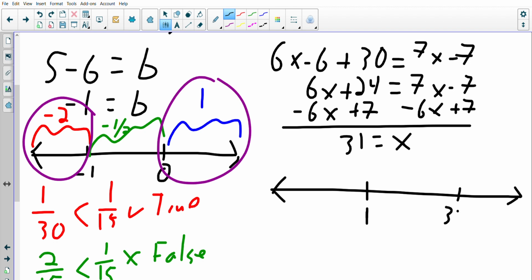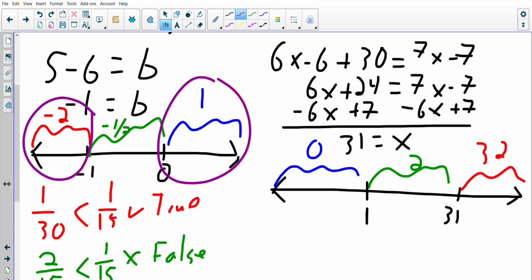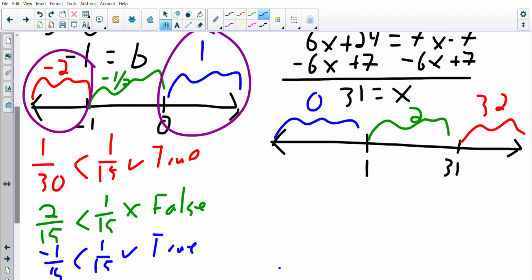So our intervals, our test numbers. First I'm just going to try 0, then I'm going to try 2, and I'm always going to pick the easiest ones I can do, and then I'm going to try 32. So when I plug in 0, I'm going to end up with 1 plus -5, and I'm going to see if that's less than or equal to 7/6.